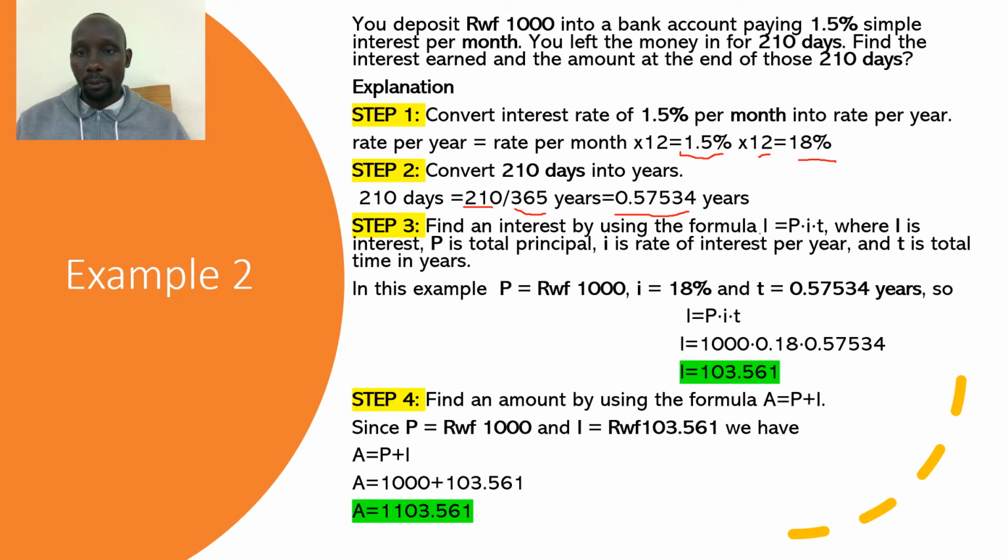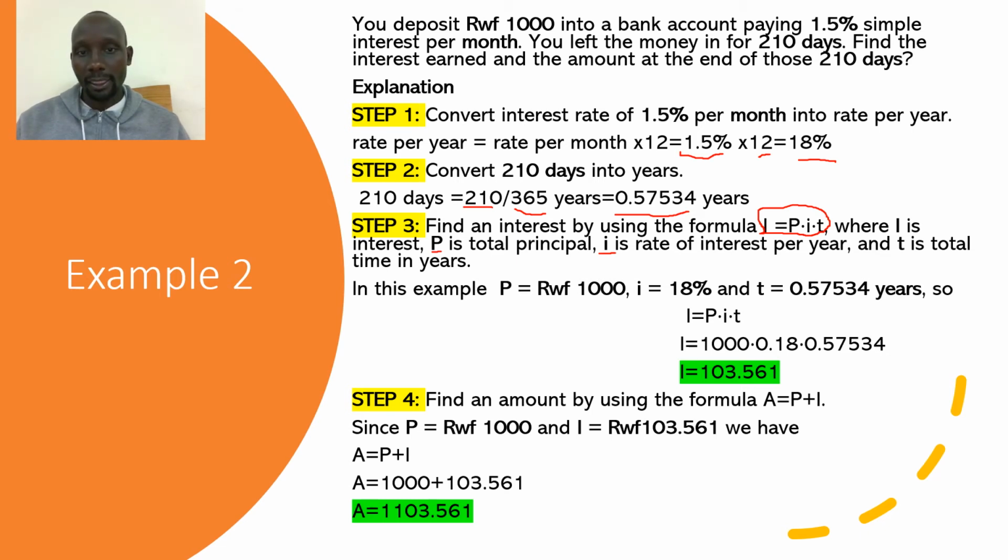So we shall move on to step 3, finding the interest by using our formula. As you have seen above, where I is the interest, P is the principal, R is the rate of interest per year, and T is the total time in years.